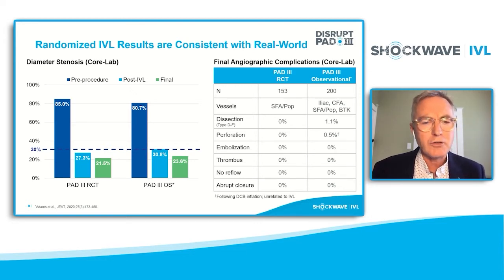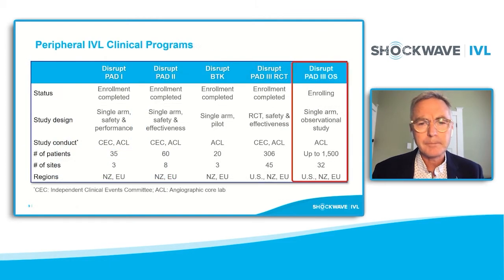For the randomized controlled trial, 27.3%, further improved, a final result of 21.5%. Very similar outcome with the observational registry. So I discussed the observational registry, and we'll talk about that in the next few slides.